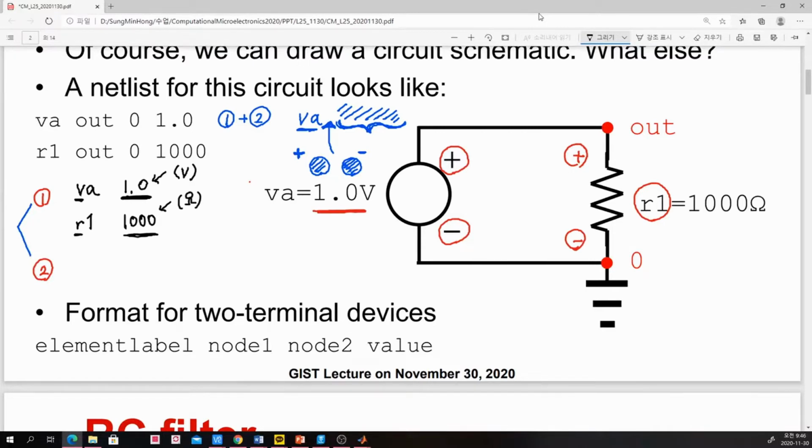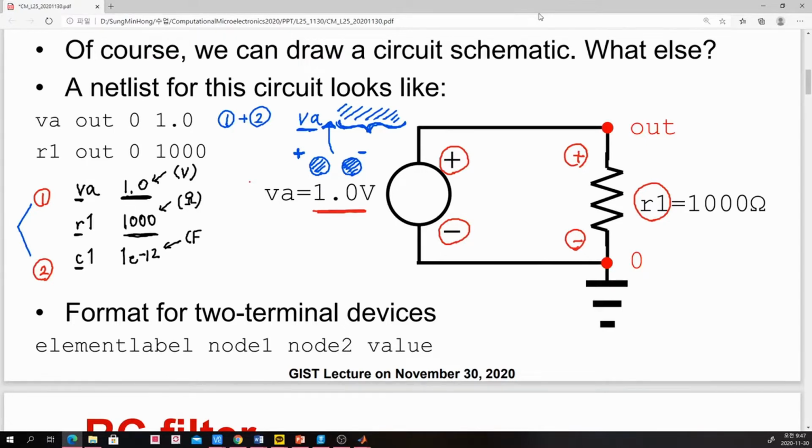For example, if I say C1 10 to the minus 12, then what is the exact meaning of this description? Since C is reserved for a capacitor, we will treat it as a farad. So it means that this C1 is a capacitor whose capacitance is 1 picofarad.